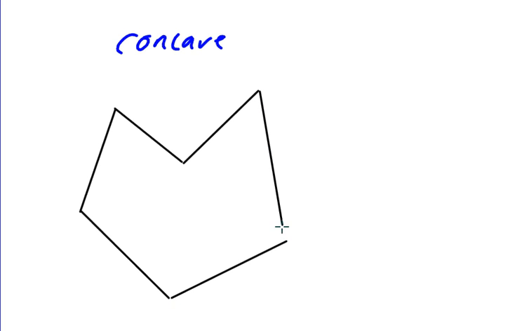So this would be an example of a concave polygon, where you have this cave inside the polygon, where this vertex is actually located inside the shape. All right, so those are two different types of polygons. Again, what we're going to be focusing on are convex polygons. Everything that we look at today involving the angles is in regards to convex polygons.